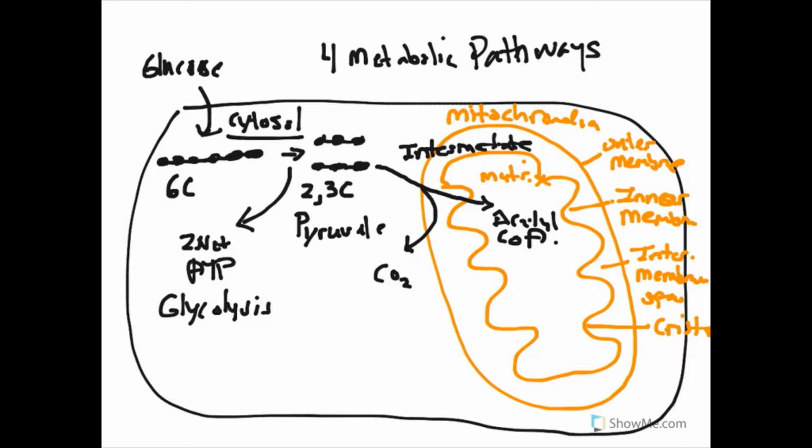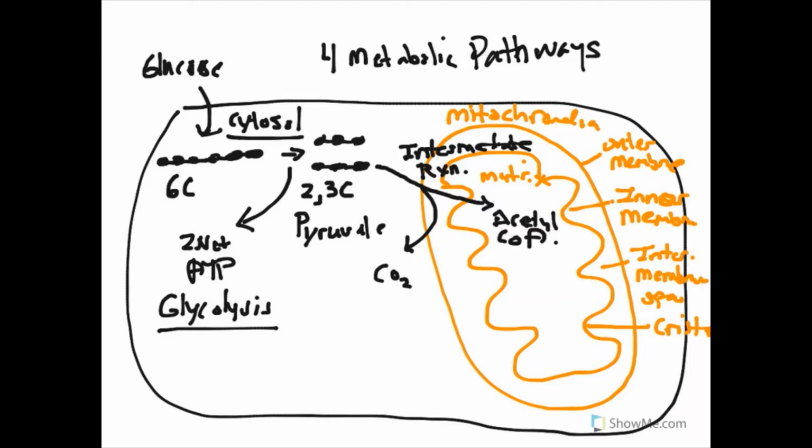I'm going to abbreviate RXN for reaction. The intermediate reaction is what links glycolysis to the next one. So acetyl coenzyme A is produced here.